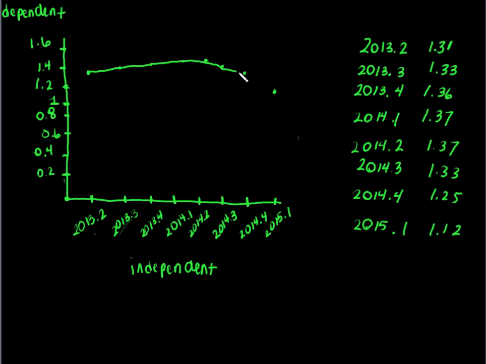Now, in the second diagram, I'm going to ask you to change the way you've represented this information. I'm going to ask you to truncate the y-axis. So let's try and do that. I'm going to start my second graph, and again I need to label my x-axis with the years.